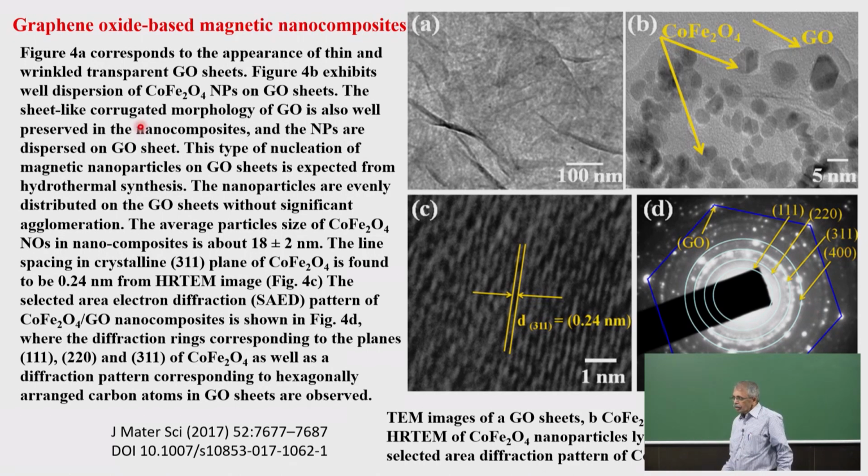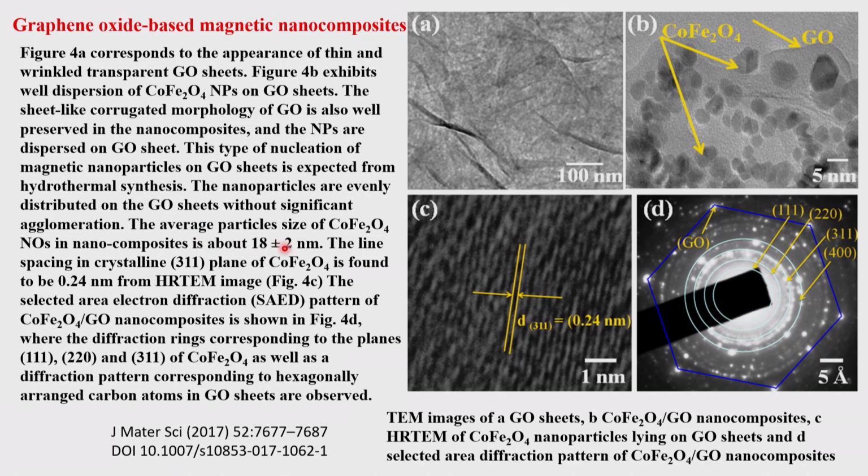Okay, so you can see that the average particle size here, of the nanosheets, is 18 plus or minus 2. So this is 5 nanometer, this is 1 nanometer, and this is angstrom level obviously, because you have to get the diffraction. Diffraction will come from the angstrom level of this. So these are all preparation, other things not important. The spacing will give you the crystal lattice, the crystal structure, and it gives hexagonally arranged carbon atoms.